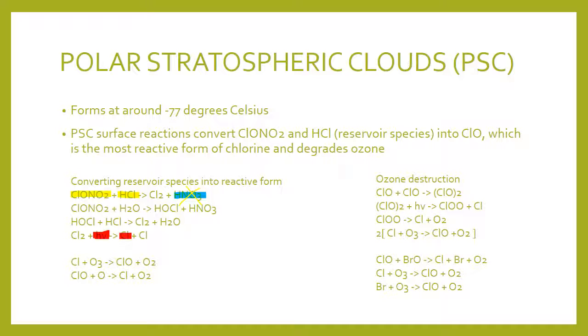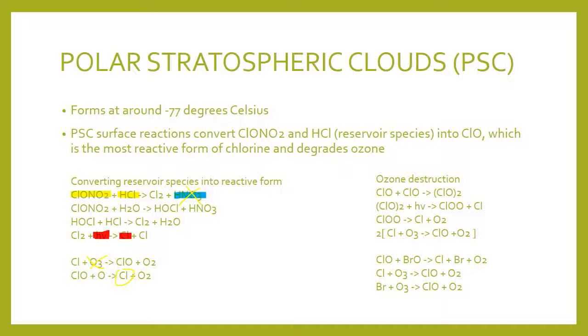And chlorine degrades ozone, so this is being degraded, and chlorine itself is not degraded, but rather it recycles. So it's a catalyst: it lowers ozone levels, but its own levels are not lowered, which is why it's able to continuously degrade ozone and lead to the formation of the ozone hole without using up all the chlorine.